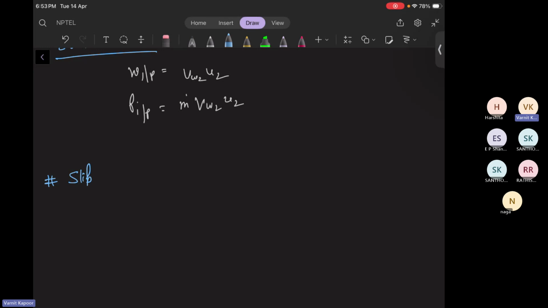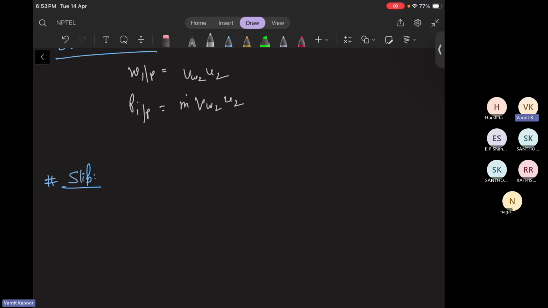So we have seen the velocity triangle. What do we mean by a slip? Under an ideal condition, we assume that fluid particles exactly follow the blade profile. But in actual working condition, where you have a finite number of blades attached to an impeller, some air is also trapped between the blades.